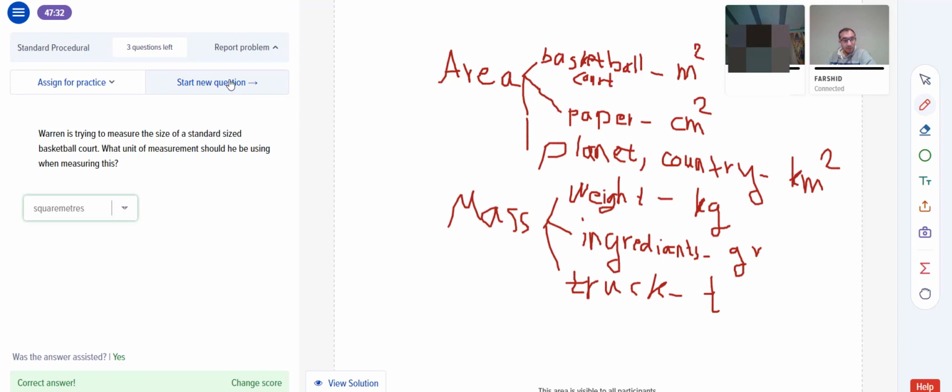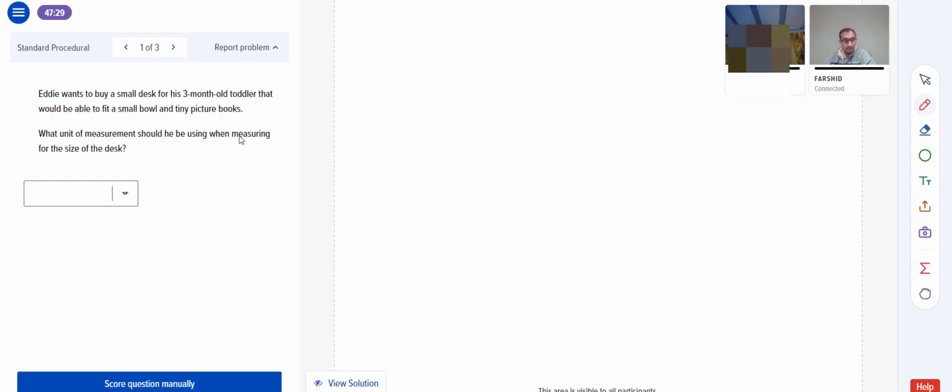Okay. So we go to the next question, please. So you want to buy a small desk for a 3-month-old toddler that will be able to fit a small ball and tiny pictures. Centimeters, because that's for a 3-month-old.